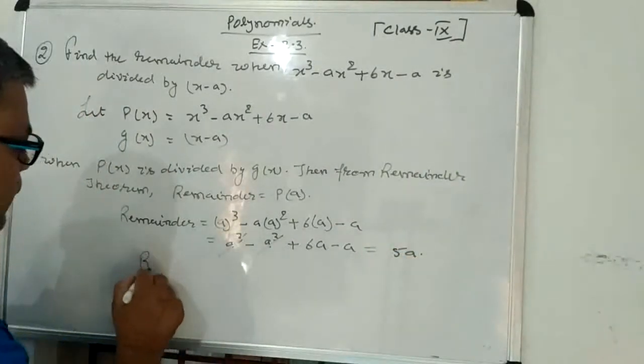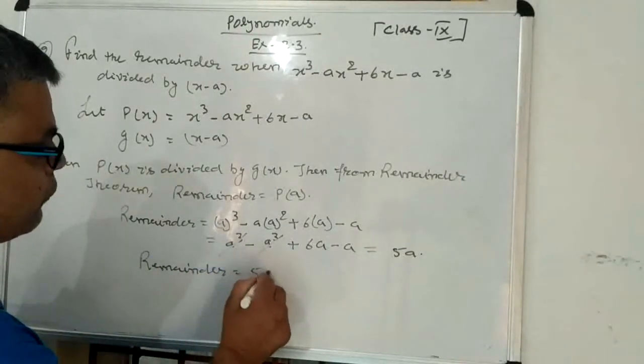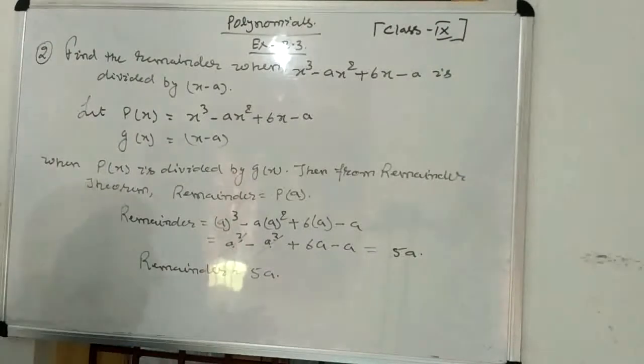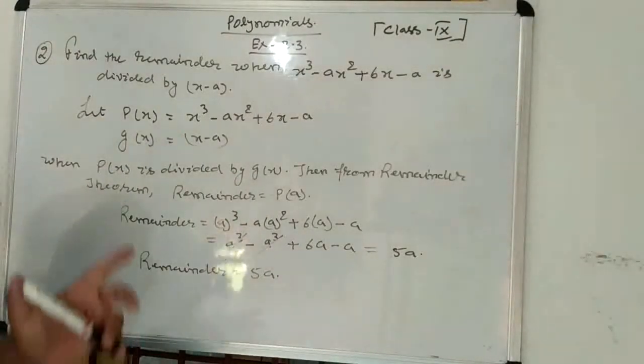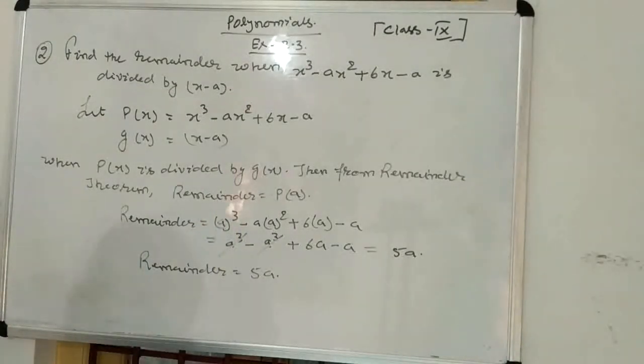So the required remainder equals 5a. In this way, children, without performing actual division, we are able to get the remainder with the help of the remainder theorem. I have already discussed the remainder theorem in my previous video, and I hope all of you have understood it.